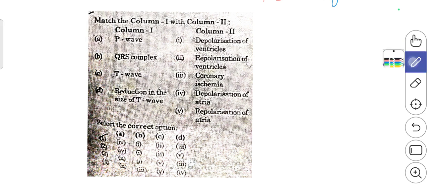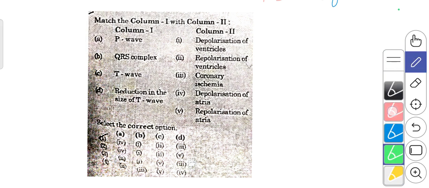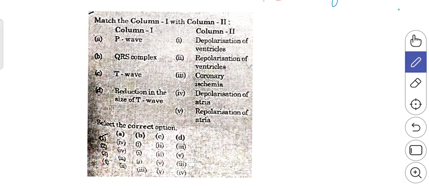So next question, P wave, QRS complex, T wave and reduction in the size of T wave. The P wave is because of the depolarization of the atria. So that is the fourth one. Then what is QRS complex?